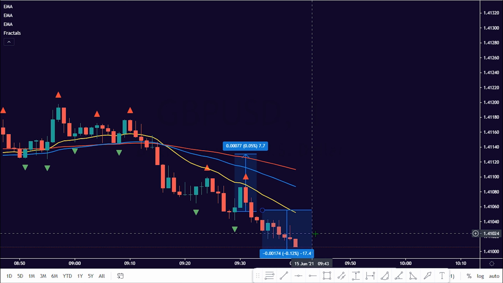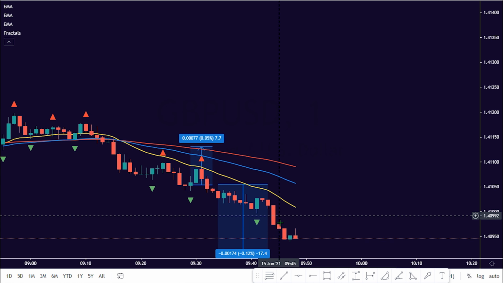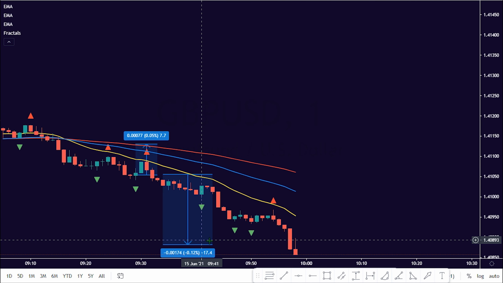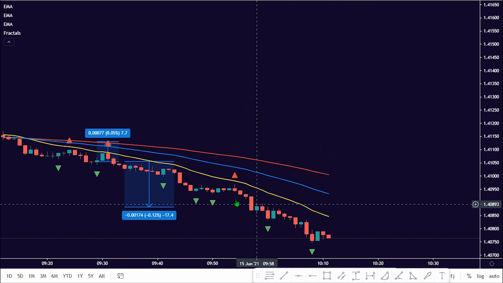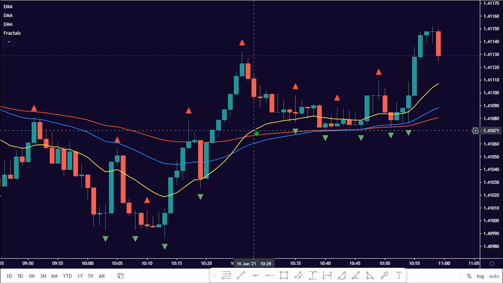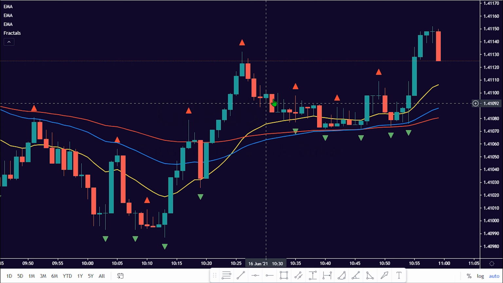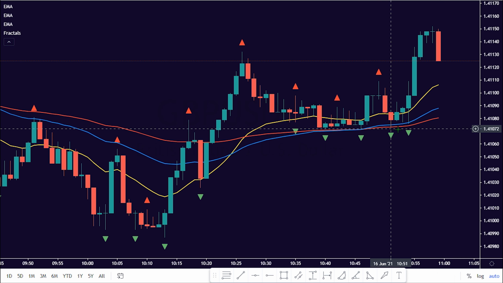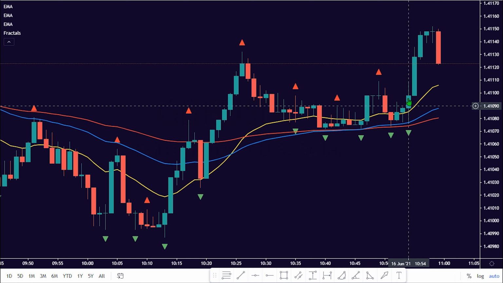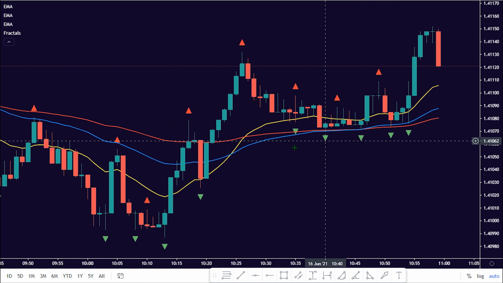The key concept to apply the 1 minute scalping strategy with the EMA plus the fractal indicators is to watch out for the 20 period EMA to cross above the 50 and 100 period. Then execute a buy entry after a bearish pullback in a bull trend to the green symbol of the fractal indicator.